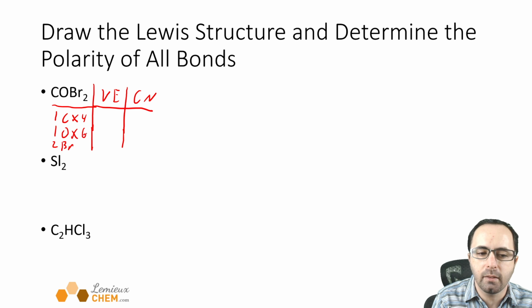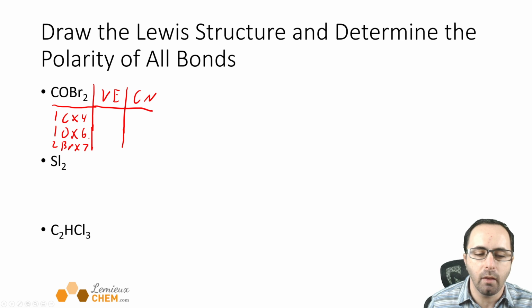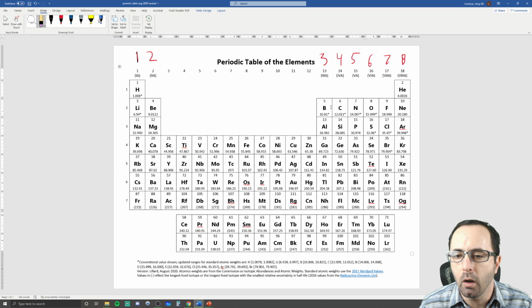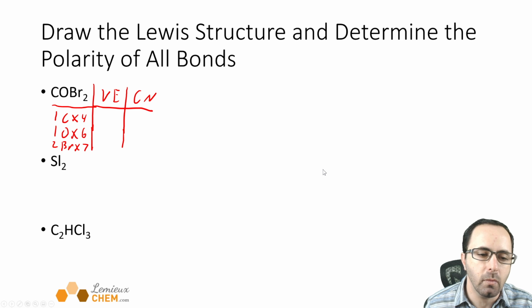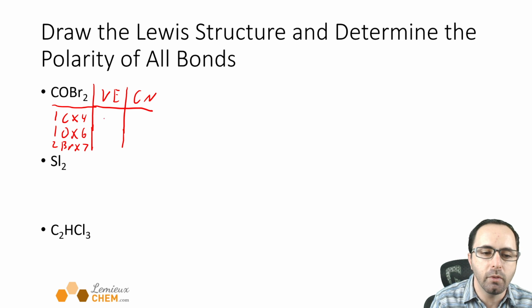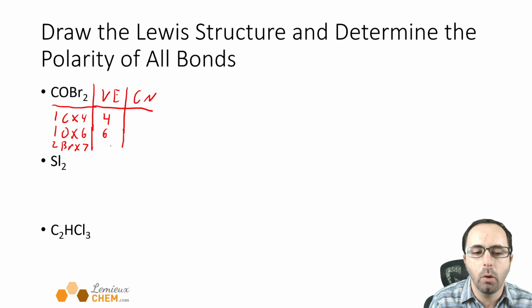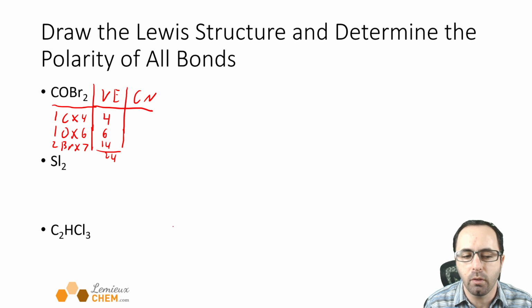Oxygen is group 6, and bromine is group 7. So we have one carbon with 4 valence electrons, one oxygen with 6, and two bromines each with 7, so that's a total of 14, and all together we've got 24 valence electrons.